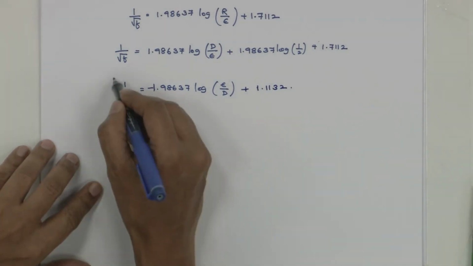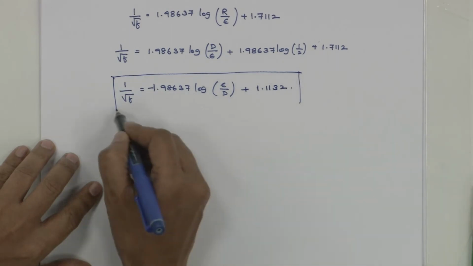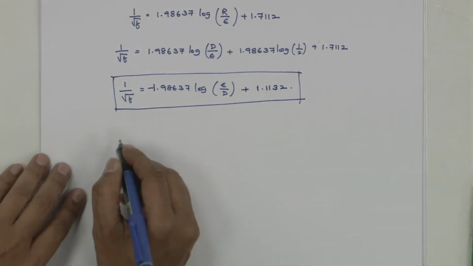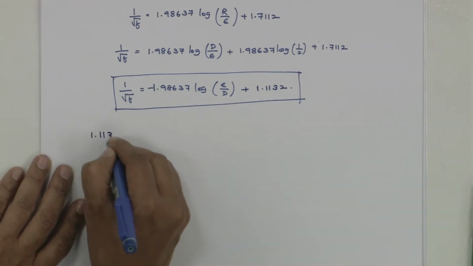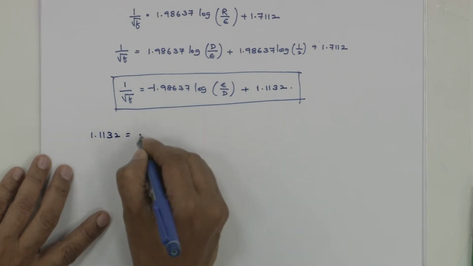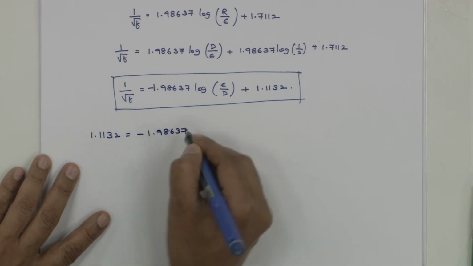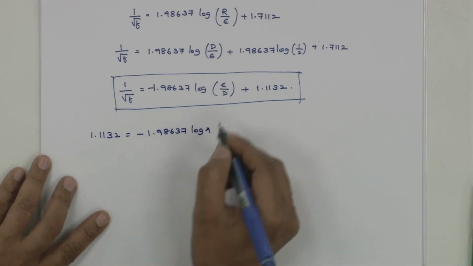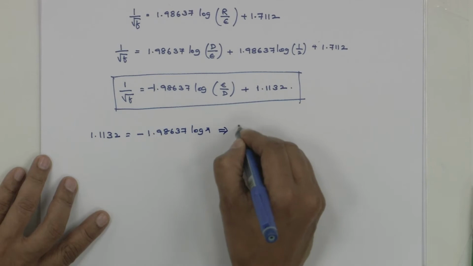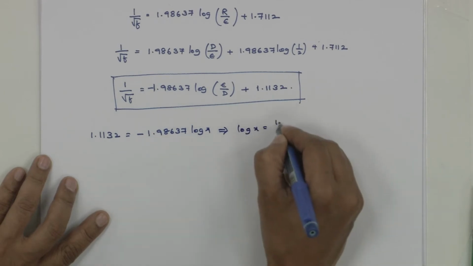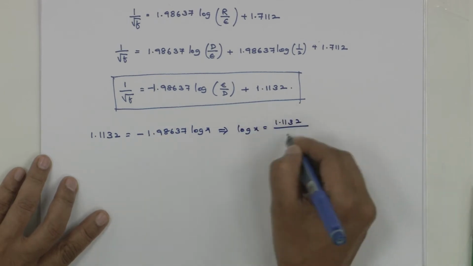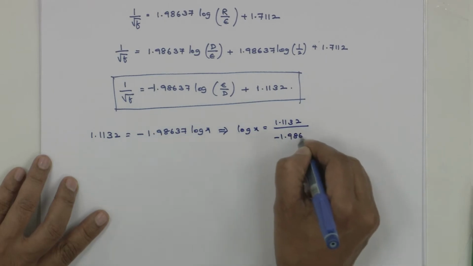Now let's keep it, and I want this in a particular form, so I am going to change this. 1.1132 is equal to, I can write this as minus 1.98637 log x if I want to find x. So this implies log x equal to 1.1132 upon minus 1.98637.